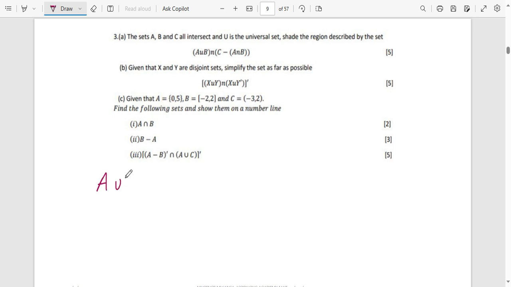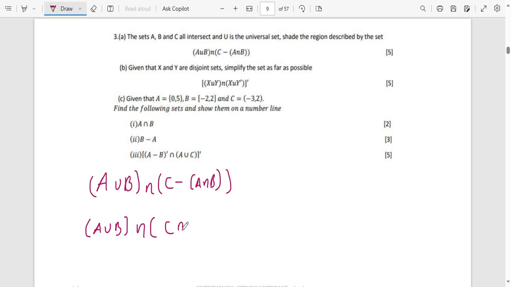A union B intersection C minus A intersection B. The first thing that you want to do is do away with the minus. So this is going to become C intersection, and then you're going to have A intersection B with a complement there. That is what you're going to have.